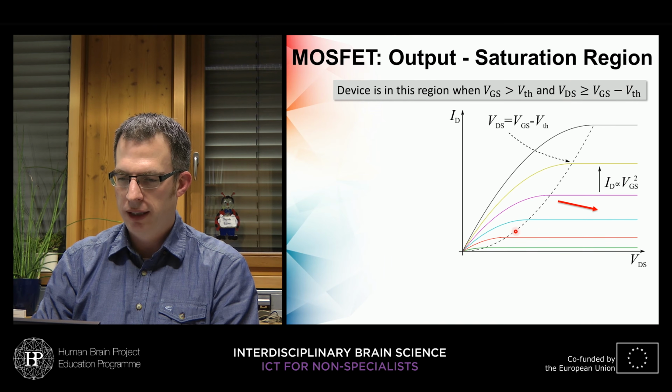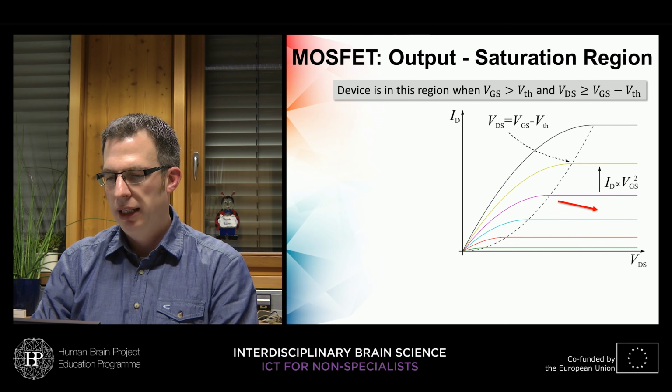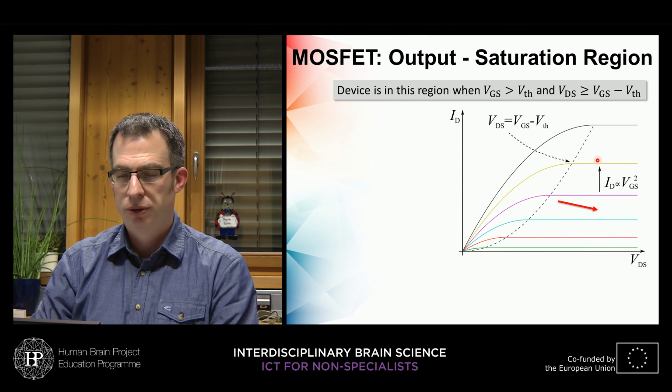And that's the case if we are right of this parabolic curve here. And what you can see here is that the drain current is constant regardless of VDS, and it only depends on the gate to source voltage.